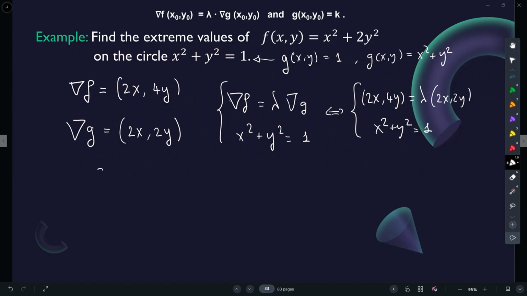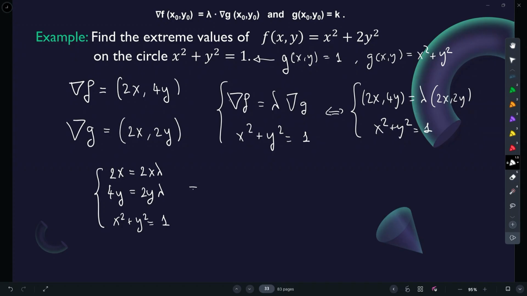So this tells me that 2x is equal to x lambda, that 4y is equal to 2y lambda, and that x squared plus y squared equals 1. And you have to try to find all the possibilities, all the possible lambdas where this might happen, all the possible x and y's where this might happen. All three at the same time have to happen.